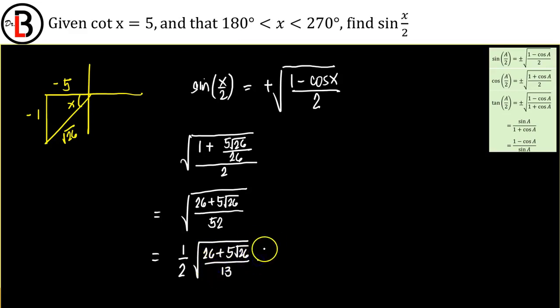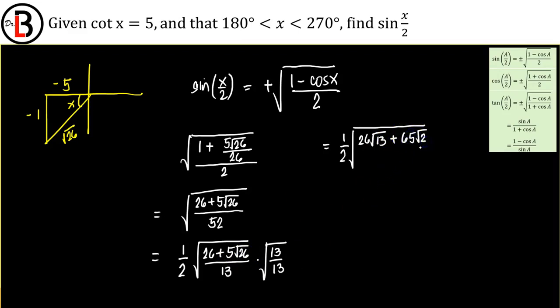In order to rationalize this, we need to multiply everything by the square root of 13 over square root of 13. So 1 half square root of 26 square root of 13 plus 5 times 13 is 65.